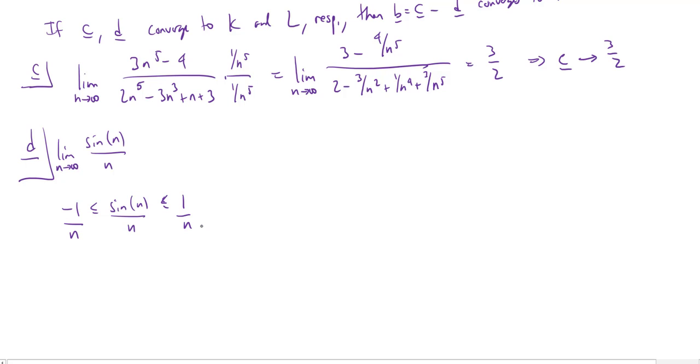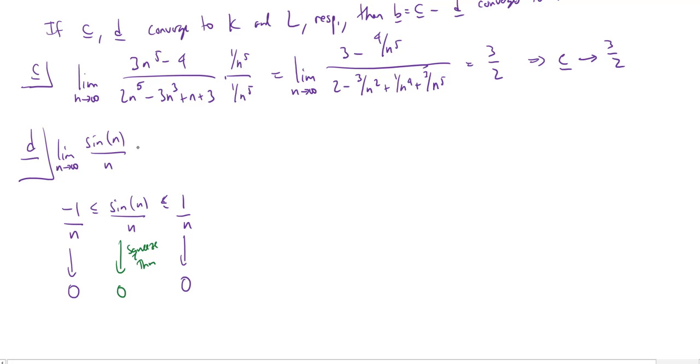We know that as n goes to infinity, -1 over n converges to 0, and 1 over n converges to 0. And so by the squeeze theorem for sequences, which we've proved in another video, the middle piece also must converge to 0.